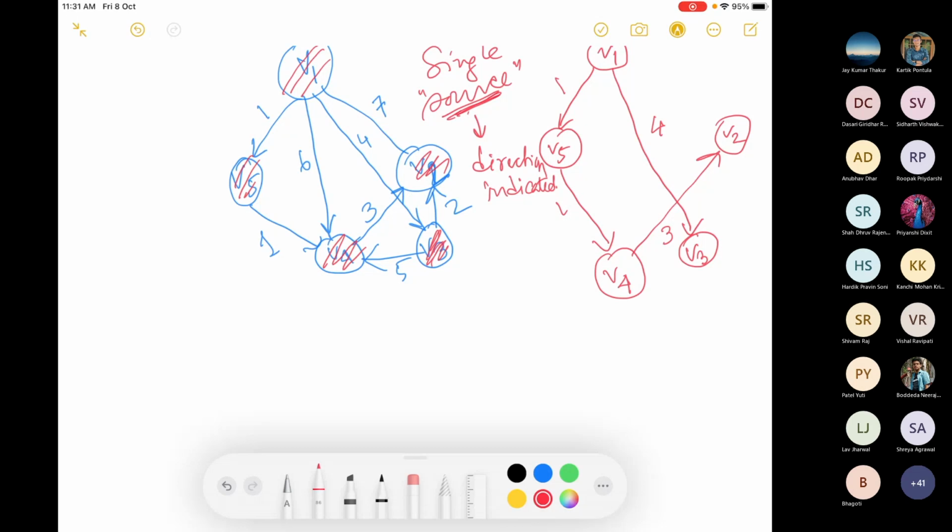Because when Dijkstra developed this algorithm, he had directed graphs in his mind, and some applications. That's why he called it a single source. When there is a source, there are multiple targets. As soon as there is a source-target notion, it typically indicates a directed graph. Here there is a single source and all the other vertices in the graph are potential targets. That's why we typically refer to the Dijkstra algorithm as an algorithm for directed graphs.